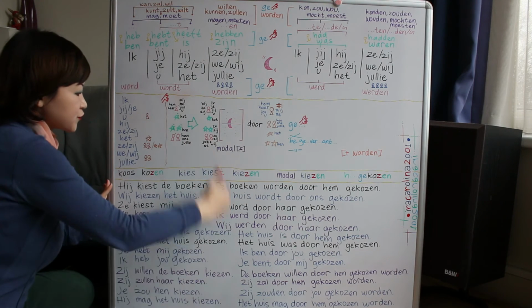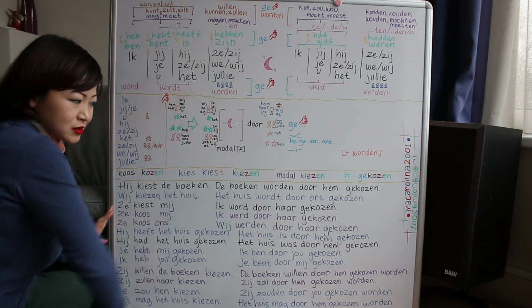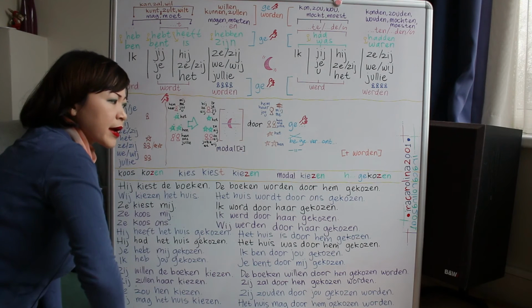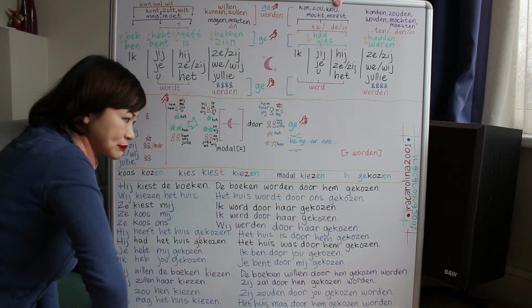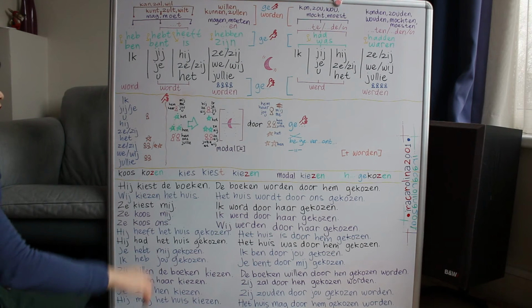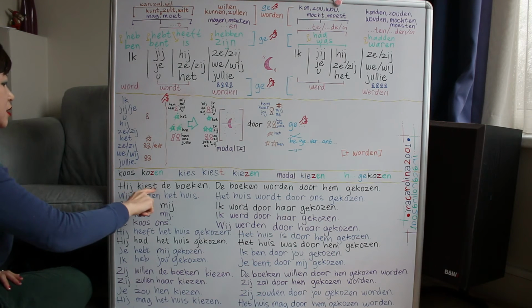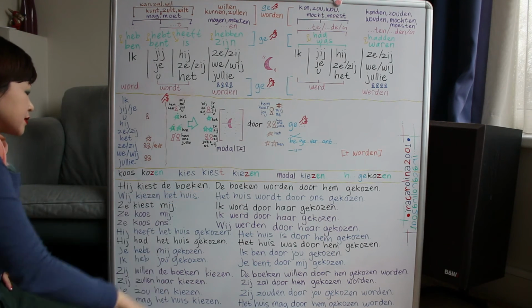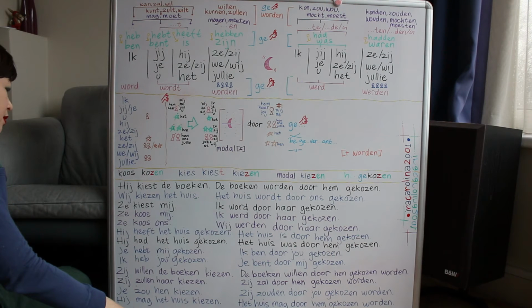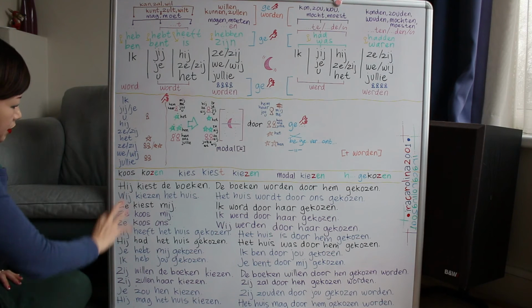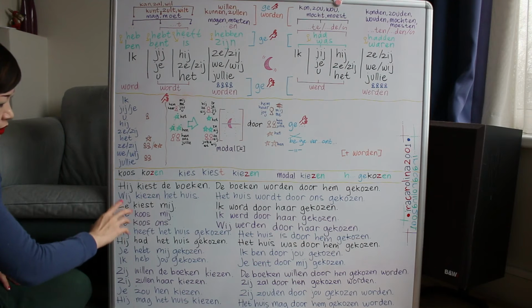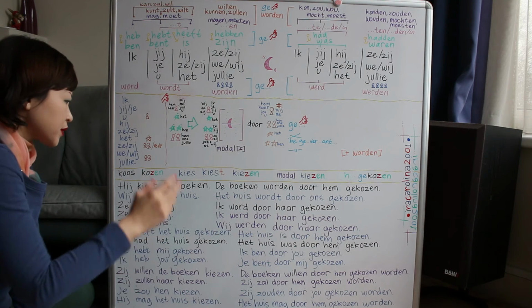This column is for active sentences, this column for passive sentences. Hij kiest de boeken. For the passive sentences, I don't have to say about hij or wij, of course, because we already learned about it so many times.